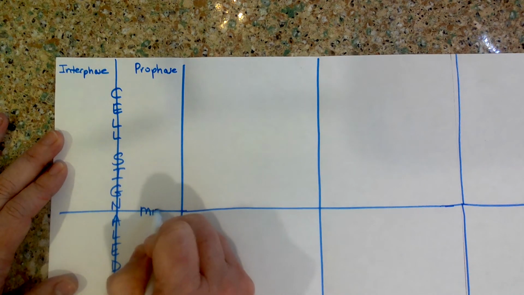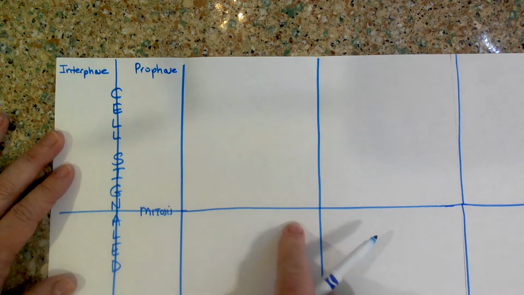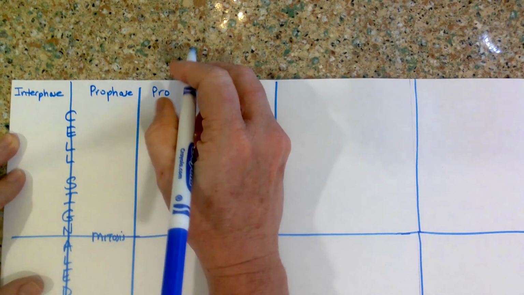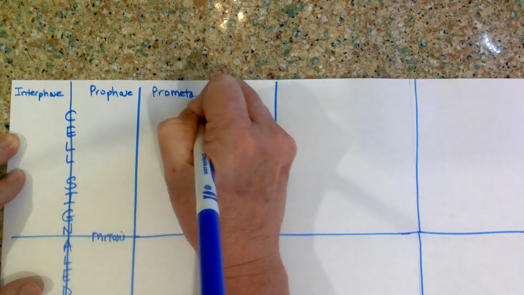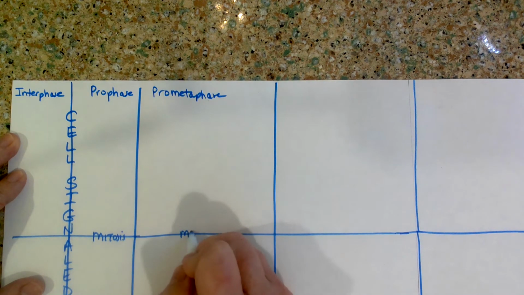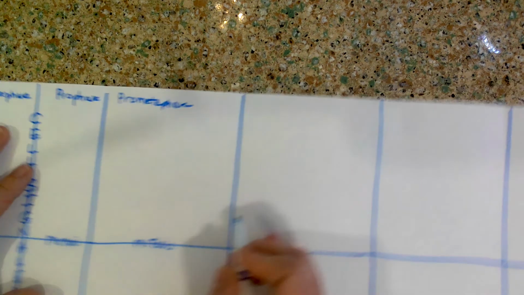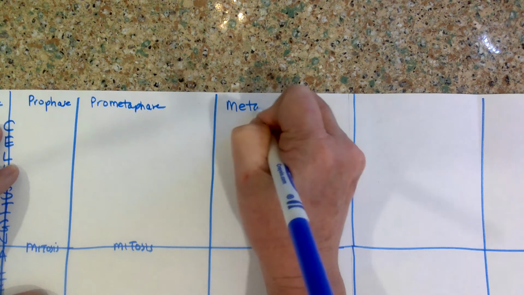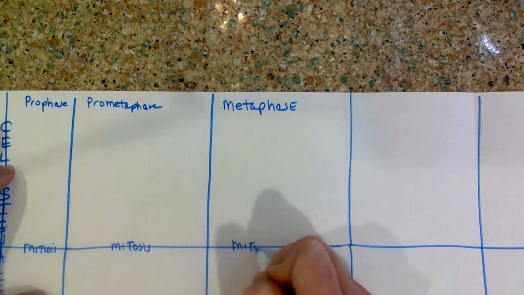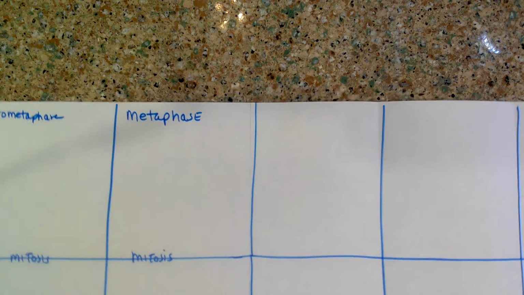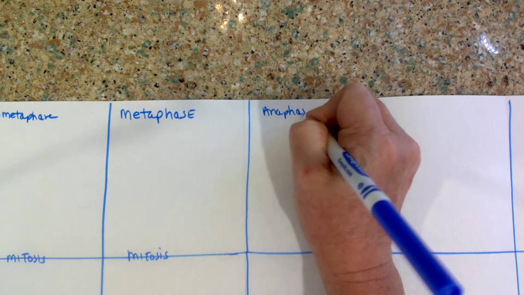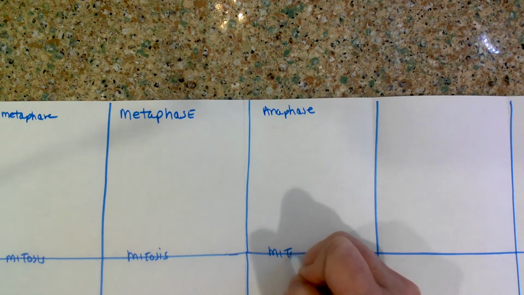So this is mitosis. All right, our second step is going to be called prometaphase. And it's just a little in between. This is also mitosis. All right, and then we're going to go to metaphase, which is also mitosis. And then we're going to go to anaphase, which is also mitosis.